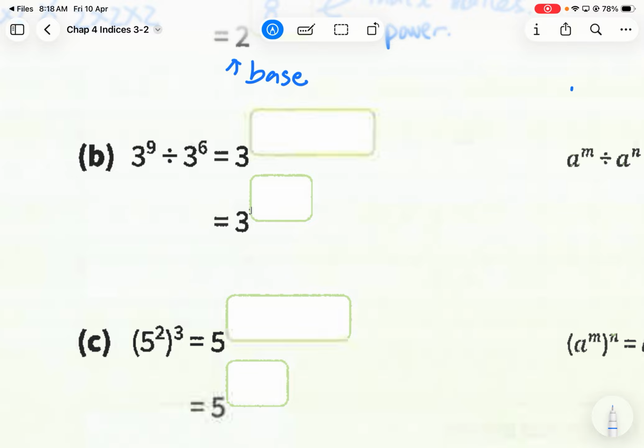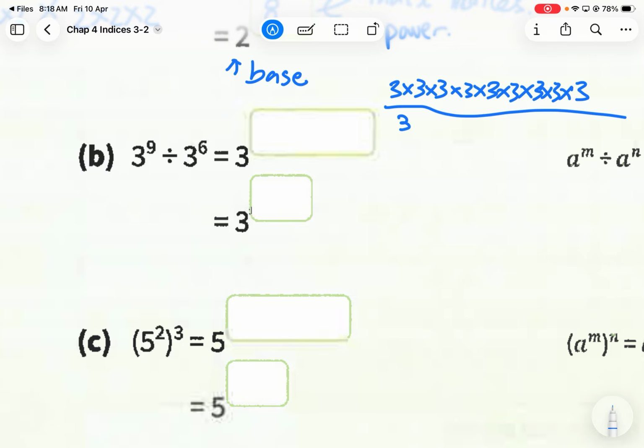What is really happening is 3 times 3 times 3 times 3 times 3 times 3 times 3 times 3 times 3, 1, 2, 3, 4, 5, 6, 7, 8, 9, divided by, I can use a division line, then at the bottom there is 3 times 3 times 3 times 3 times 3 times 3.